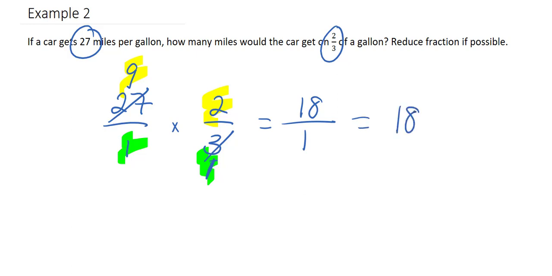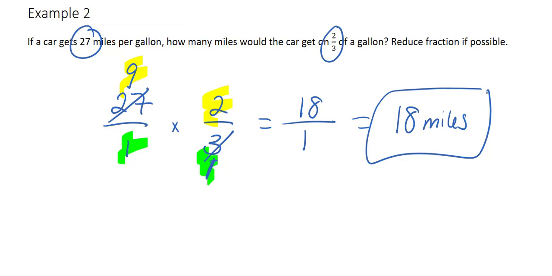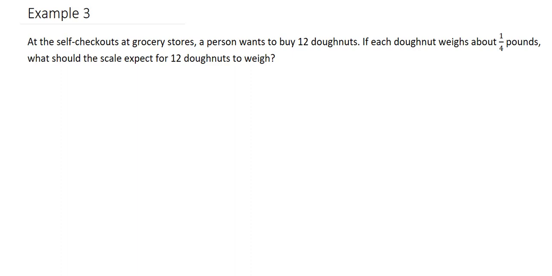We can just say 18, right? How many miles will the car get on 2/3 of a gallon? Well, 18 miles. So that would be our solution. And notice how we've been able to reduce these to whole numbers, and these are no longer fractions. Not every example will be like that, but let's continue on.